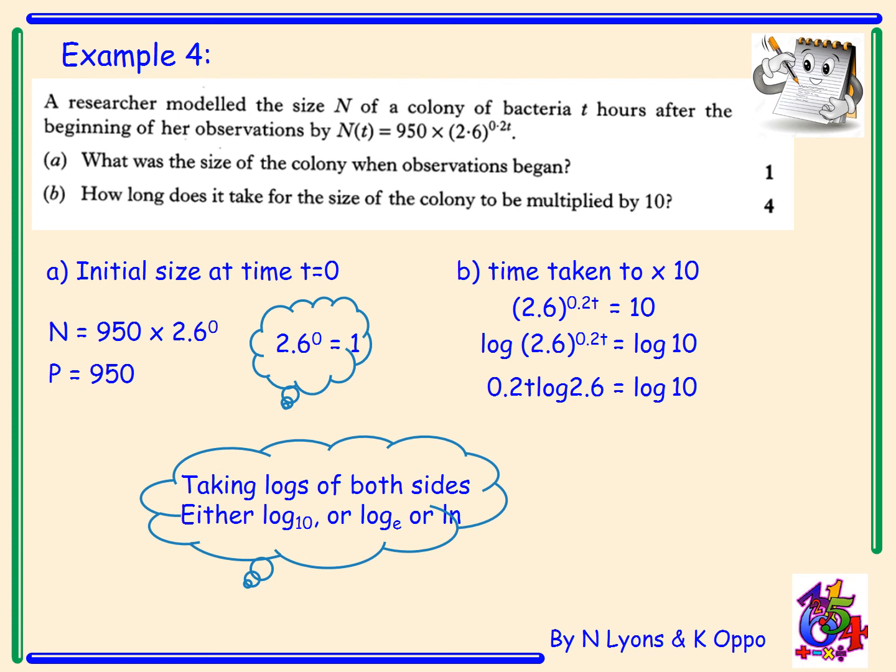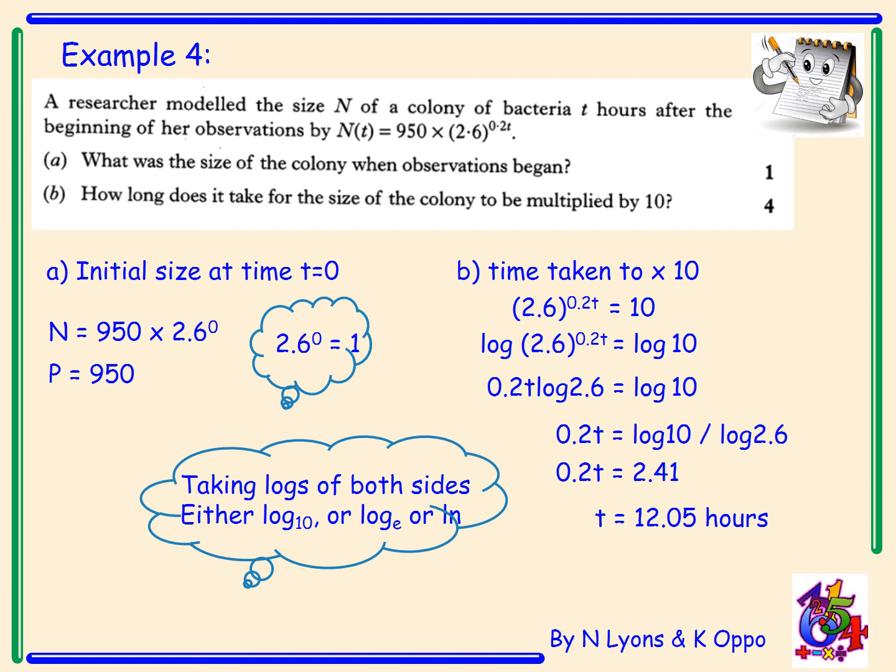Now they're both to the base 10, I've not put it in there, but it's just your log button on your calculator. I want time on its own. I divide by log 2.6, which is 2.41 in my calculator, then I have to divide by the 0.2 to get time on its own. So time is 12.05 hours, and that'll be your 4 marks.